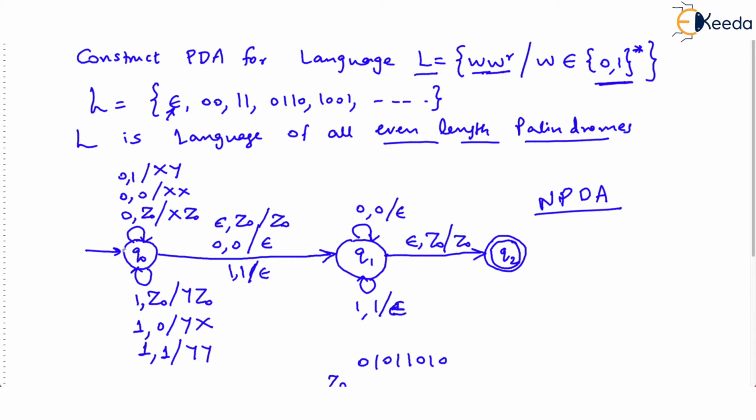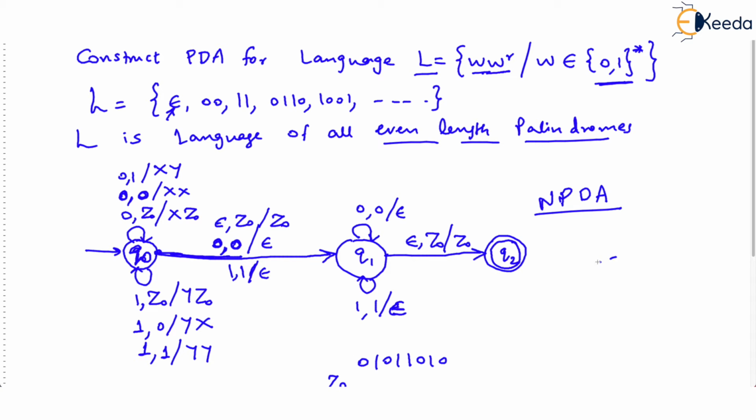Okay, just observe that in the state Q0, we have a configuration 0, 0. That means in state Q0, the machine is reading 0 and the top is 0, correct? But in the same state Q0, we have got the 0, 0 configuration again.